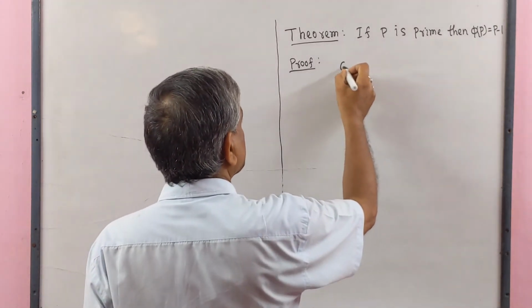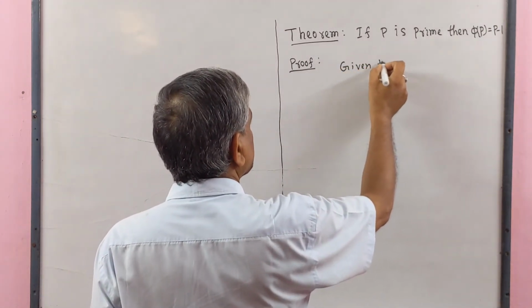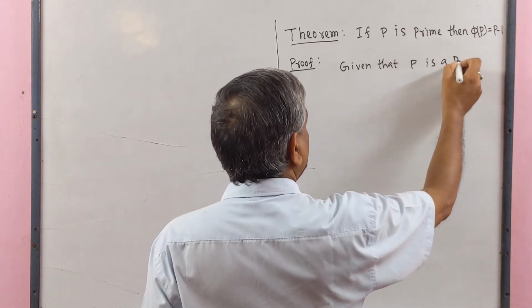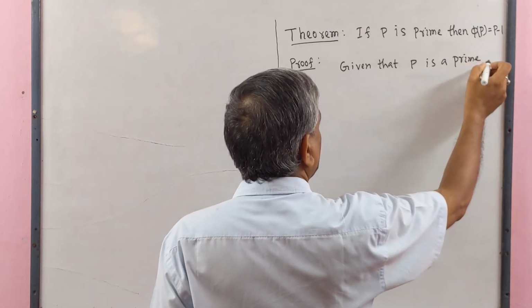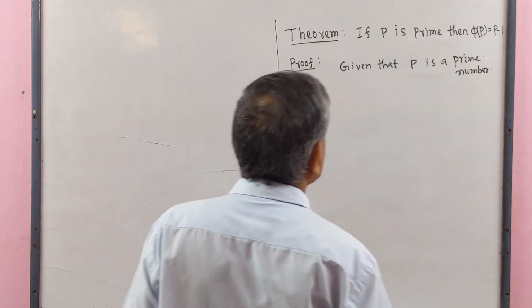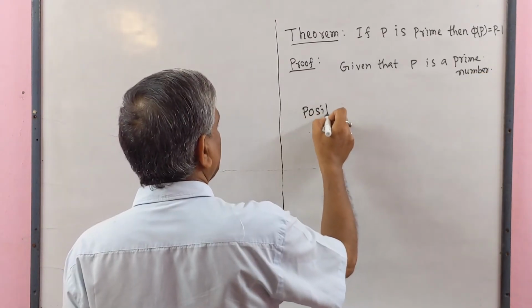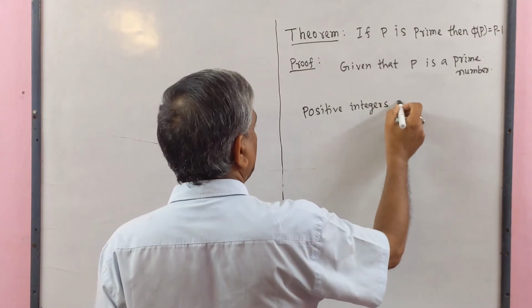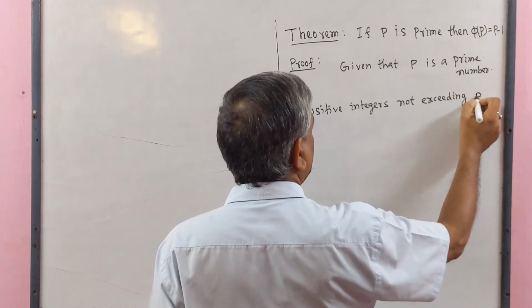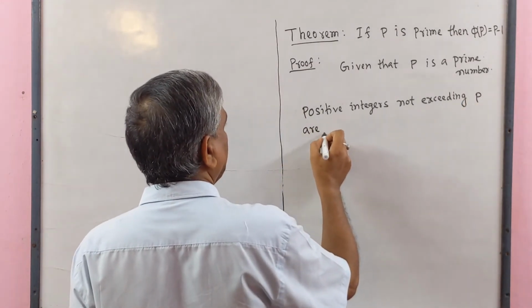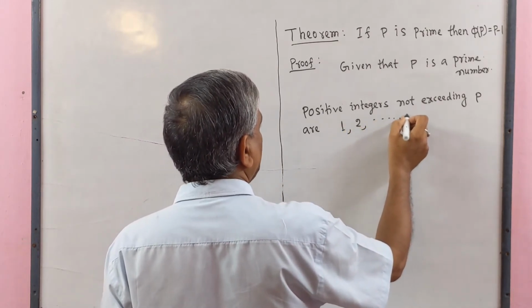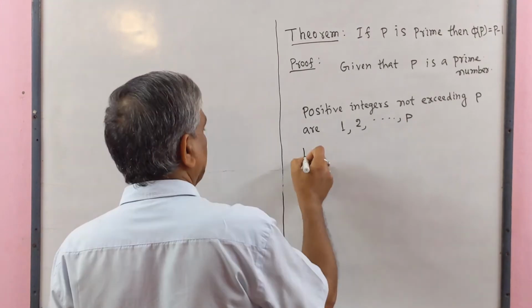Given that p is a prime number, positive integers not exceeding p are 1, 2, up to p.